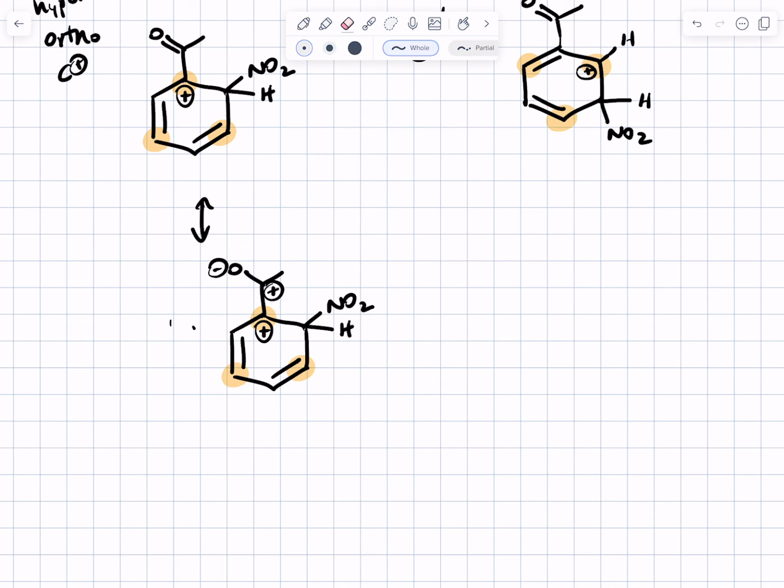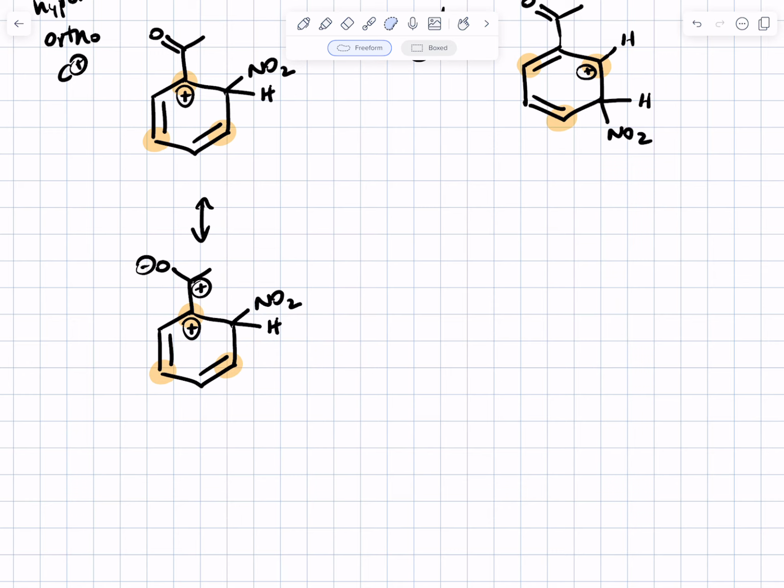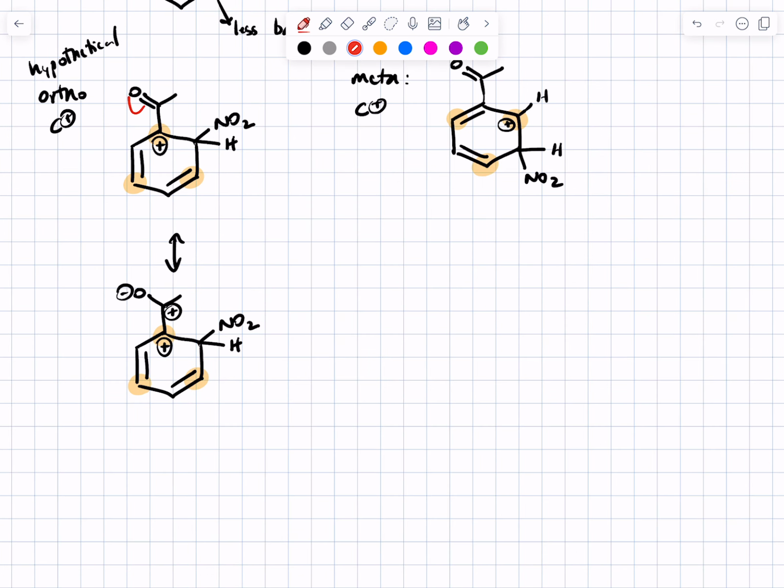In other words, the electron withdrawing group makes a bad carbocation worse by putting an electron poor carbon near the carbocation. Okay, all I did to get from the resonance structure on the top to the one on the bottom is move the electrons out onto the oxygen. So this is why ortho and para substitution are bad when you have an electron withdrawing group. Okay?